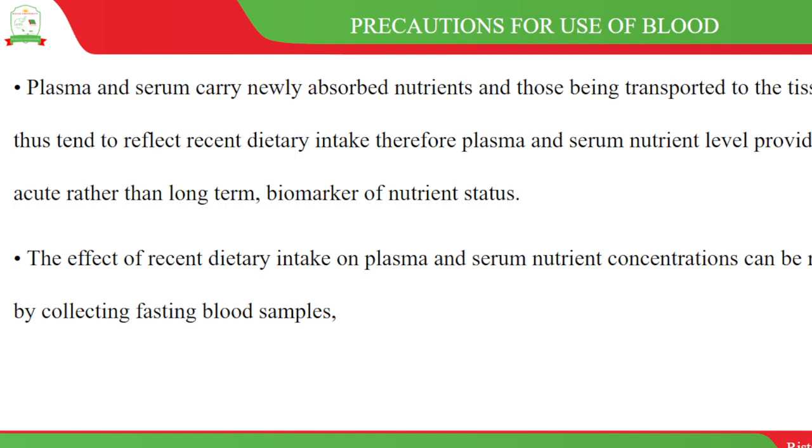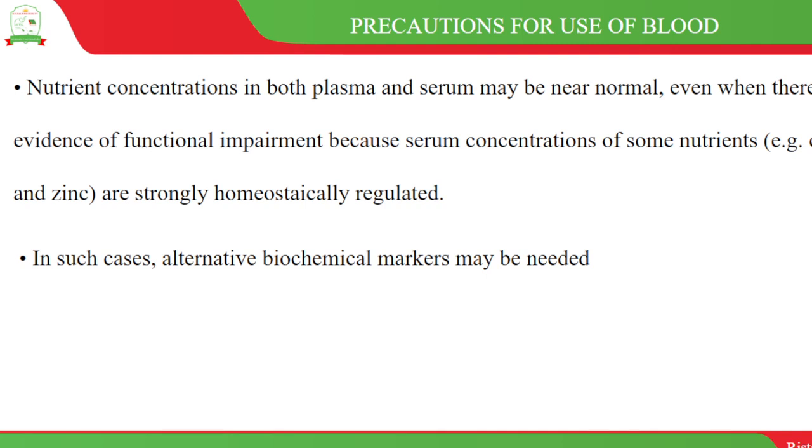The effect of recent dietary intake on plasma and serum nutrient concentrations can be reduced by collecting fasting blood samples. We have heard of fasting blood sugar, which is taken after about 8 to 12 hours of fasting, meaning you tell someone in the evening, after supper, don't eat anything, come and we take your blood glucose levels. That's very important because it gives you more accurate results.